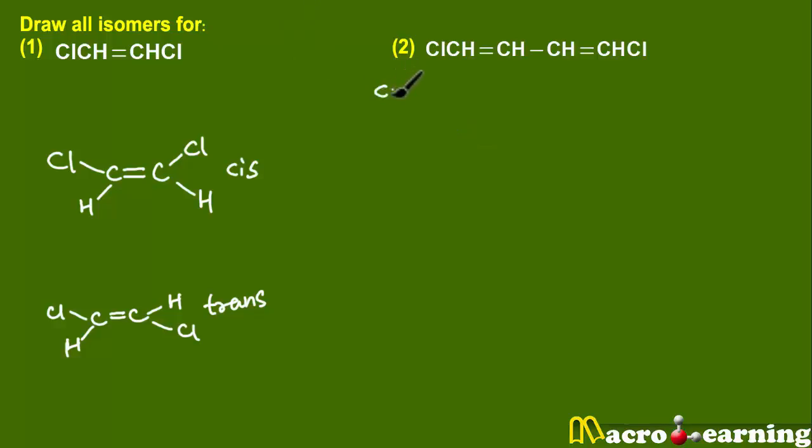So if first one is cis and the second one is cis too, that will be one isomer. That's my way of doing it. Or if both are trans, trans for the first double bond, trans for the second double bond, you get another isomer. Okay, or it can be where first one is trans, second one is cis, or cis for the first one and trans for the second one.